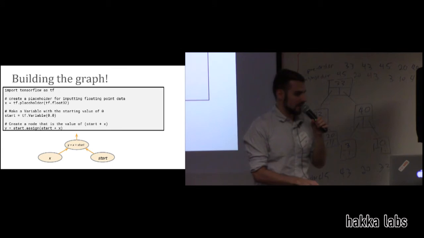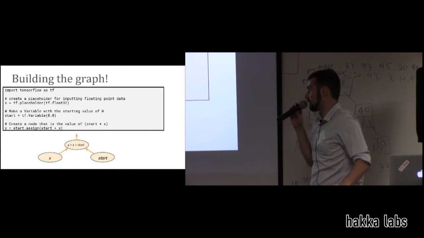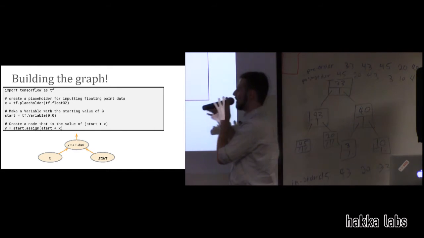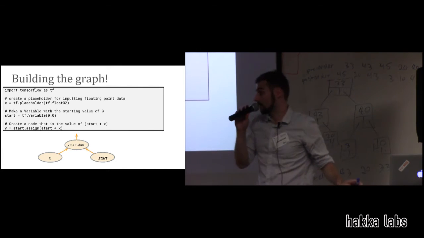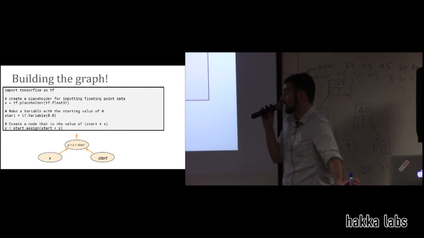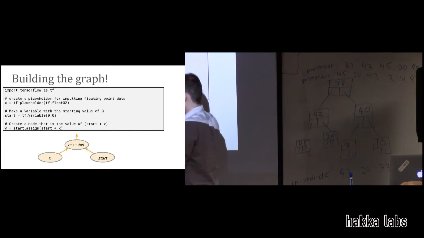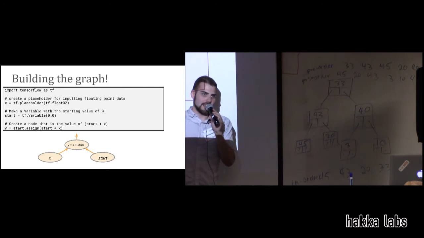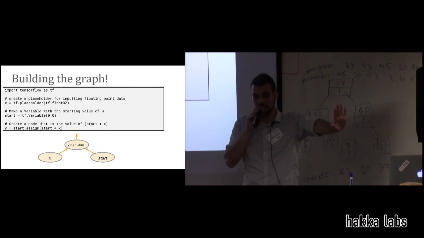So if you wanted to try to do that in TensorFlow, the reality is, if you tried to reassign the value of start to a new operation, right? So let's say afterwards we say start equals y plus 2, or whatever it is in TensorFlow speak, right?